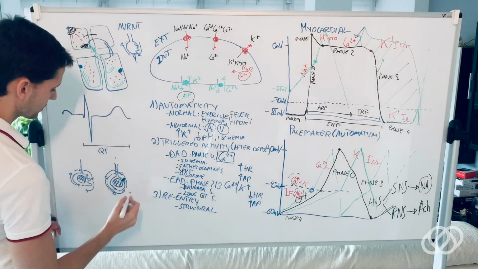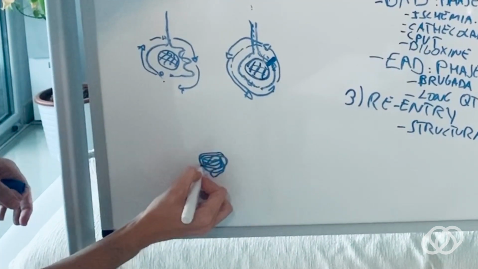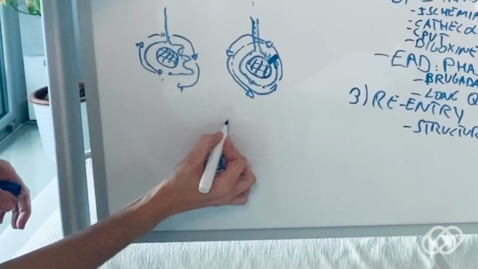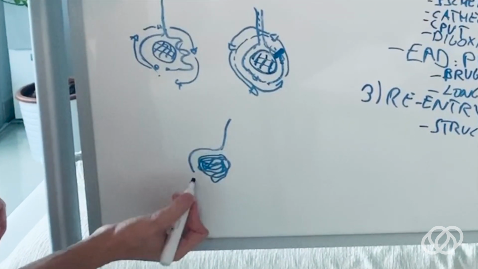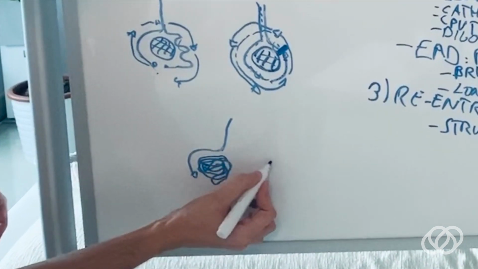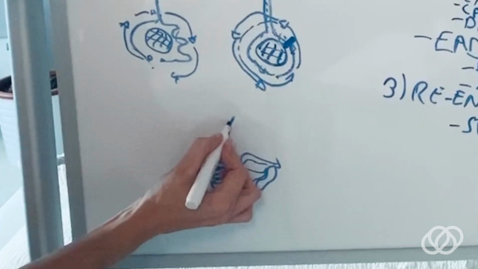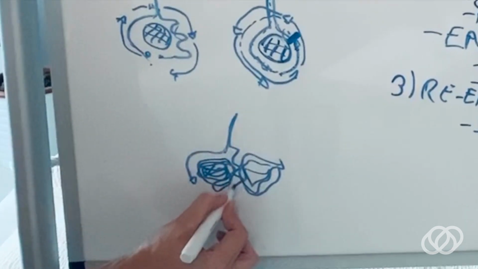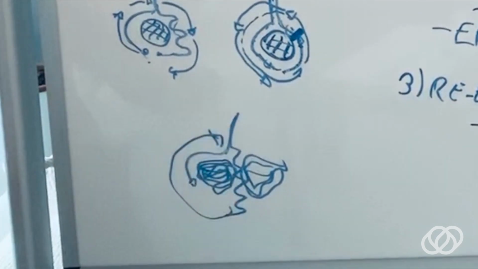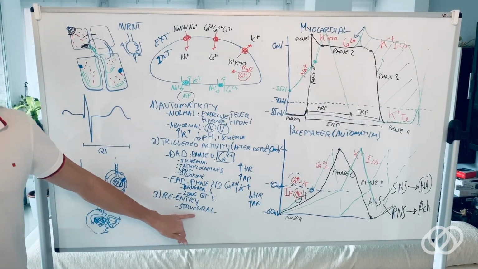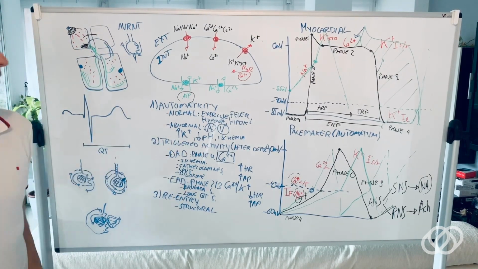Sometimes we can have scars in the heart that allow electricity to pass through this way, and let's say that there is another scar over here that allows it to pass slowly through this other way. So we have another circuit here. Those are what are called structural re-entries, because we have something structural going bad in the heart.